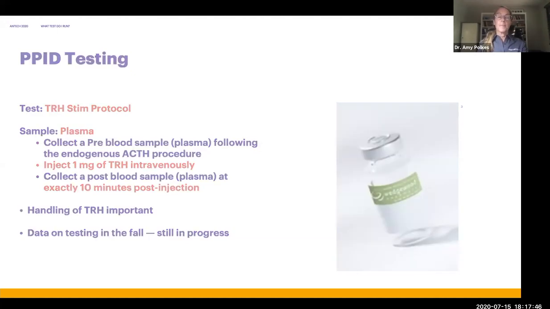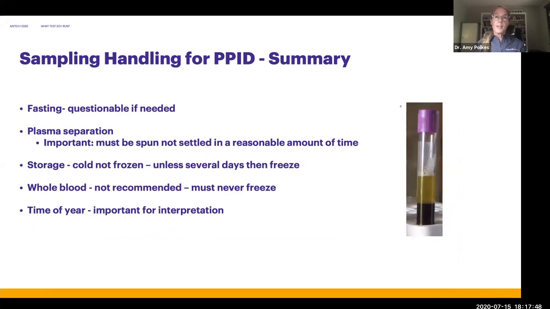So for a summary on sample handling for PPID, again, fasting: we do try to do that flake of hay in the stall overnight, but sometimes it doesn't happen, and I think you're still okay to take that sample.